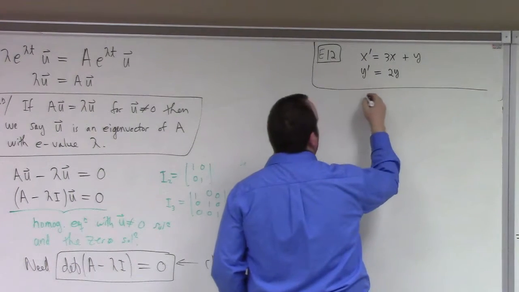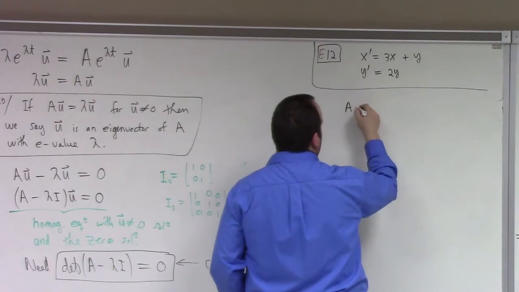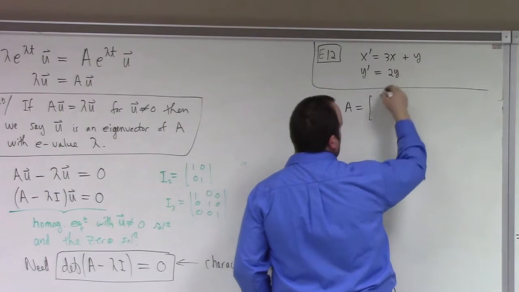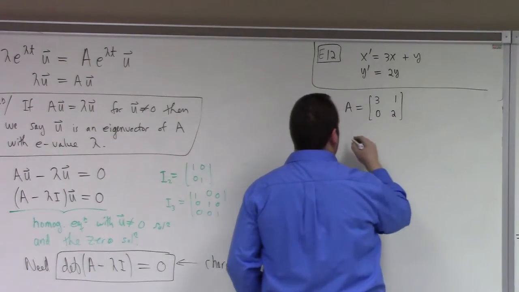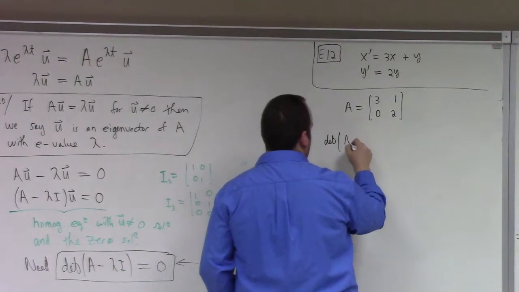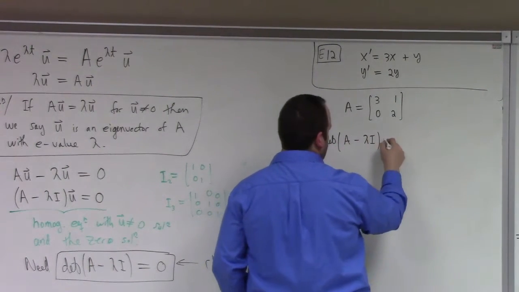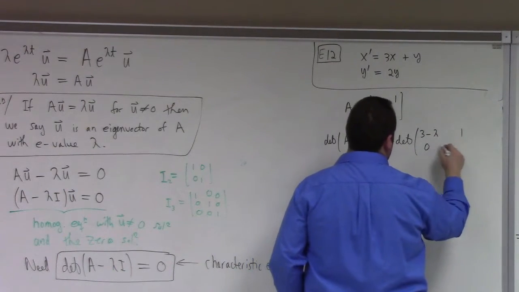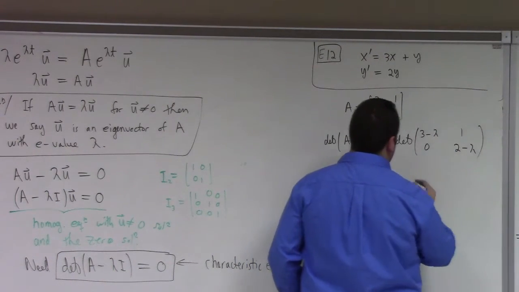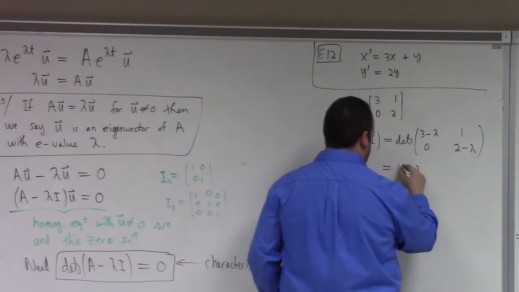So we go, my A is what? 3, 1, 0, 2. So the determinant of A minus lambda I is the determinant of 3 minus lambda, 1, 0, 2 minus lambda, which is, by the way, 3 minus lambda times 2 minus lambda.